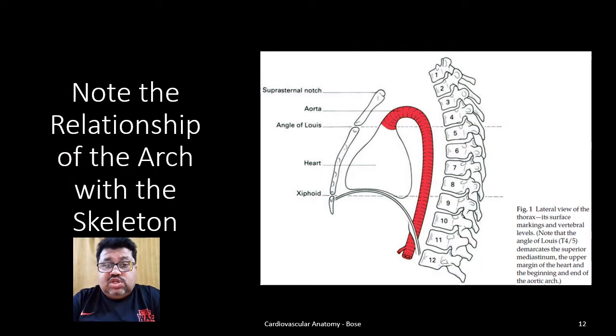So note the relationship of the arch of the aorta, that is the principal artery arising from the heart, in relation to the skeleton. It rises up from the base of the heart and goes backward and downwards between the heart and the spine.